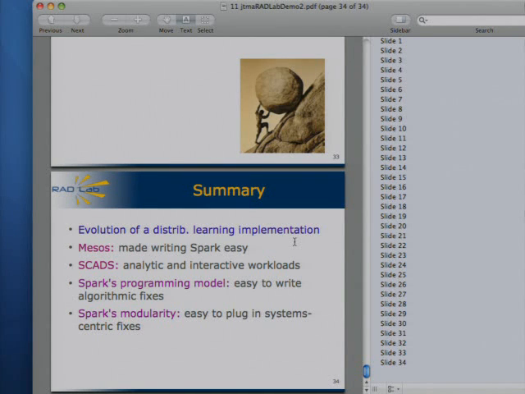SCADs, being able to store structured data, made it amenable to analytic and interactive workloads. Spark's programming model made it easy to write algorithmic fixes. And its modularity made it easy to plug in system-centric fixes in terms of broadcast and shuffle, which I didn't get a chance to explain today, but I'm happy to answer questions about that offline.